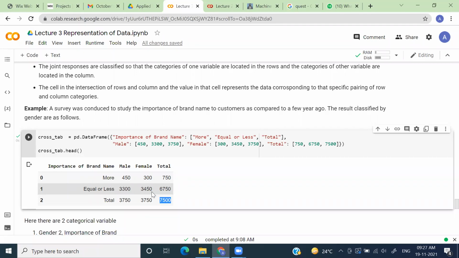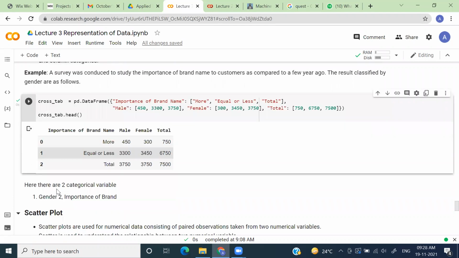So now I'm having two variables here: one is gender, the other is the sentiment of people about the brand. I'm able to summarize those two variables in the form of this cross tabulation. Is it clear?